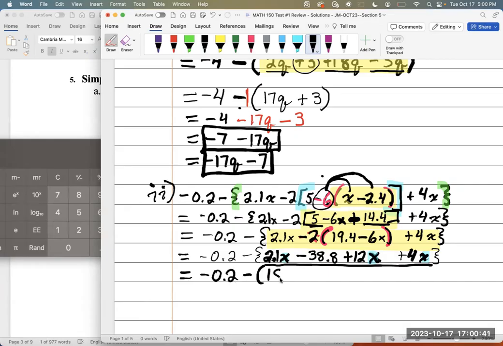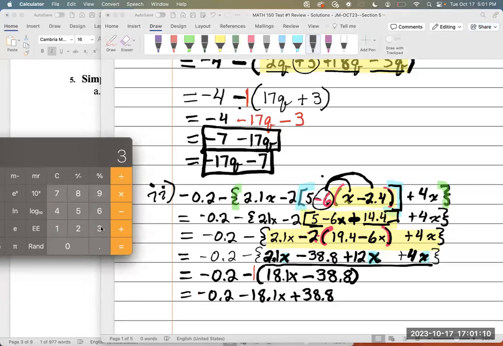This will become 18.1x minus 38.8. This negative needs to be distributed. 0.2 minus 18.1x plus 38.8.